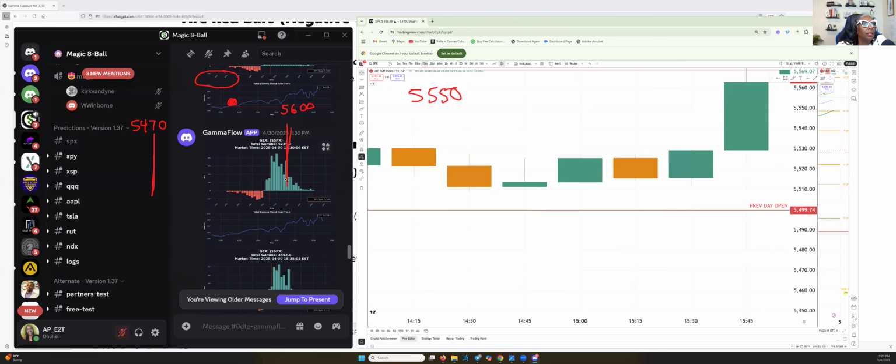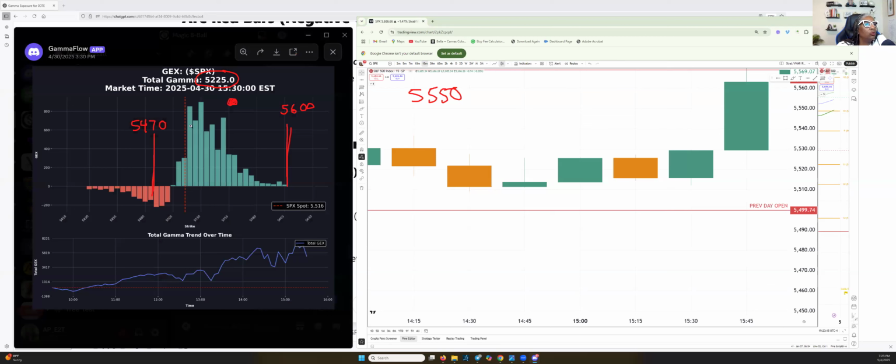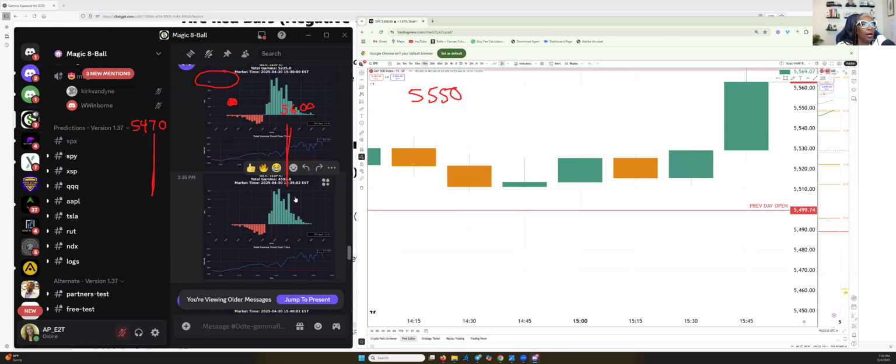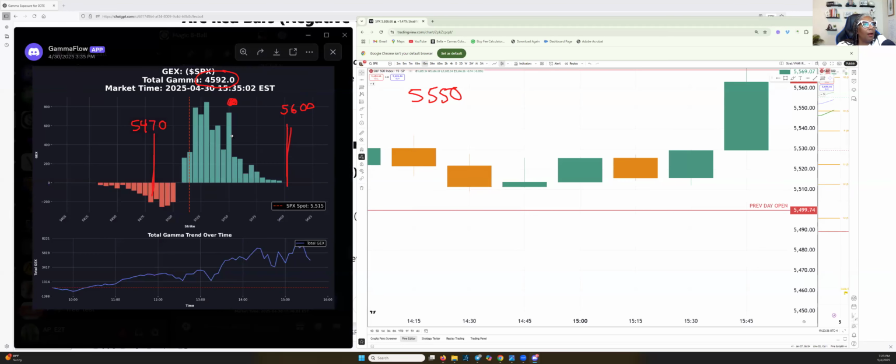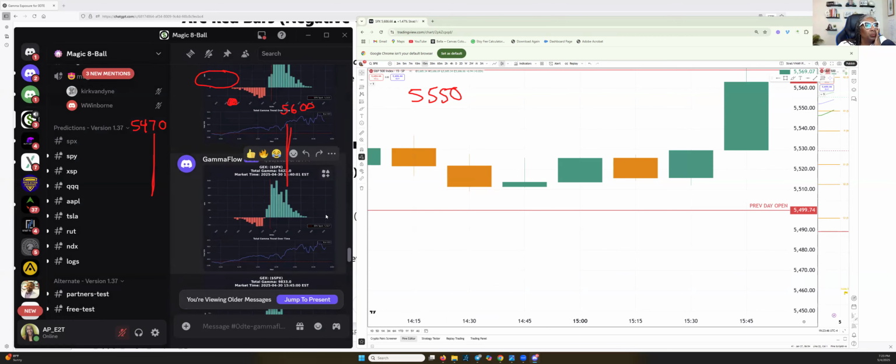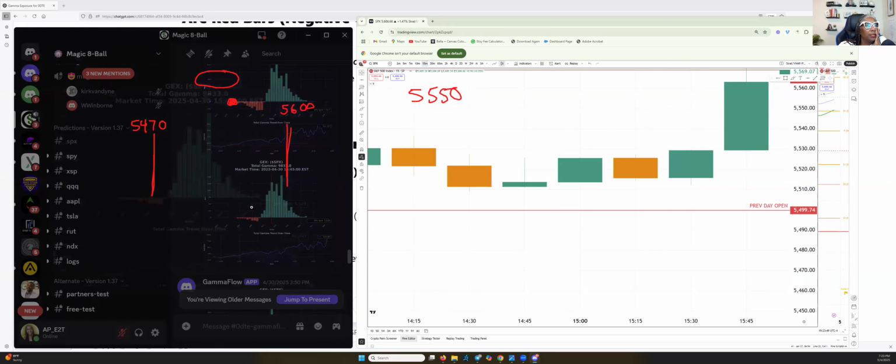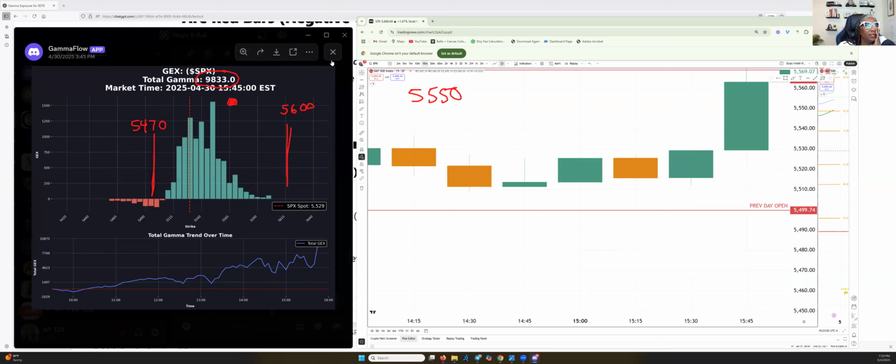At 330, 5520 and 5530 are the big bars. 5520 and 5530 are the big bars. But there's another one out here. This is still 5550, which I wrote on our chart. 5550 is still hanging out here. Okay, this is the big bar 5550 still there.